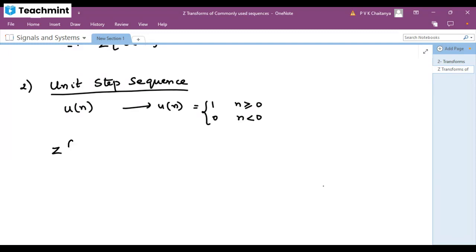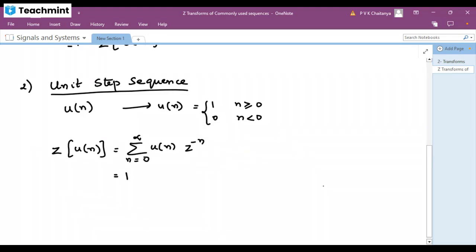So the Z transform of the unit step sequence U of n is equal to, same formula, sum from 0 to infinity of U of n into Z power minus n. For n equal to 0 to infinity, U of n will be 1.